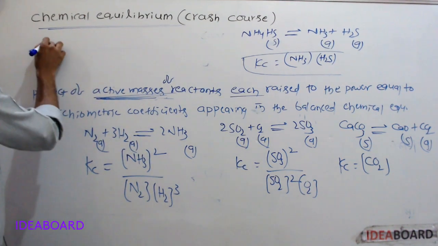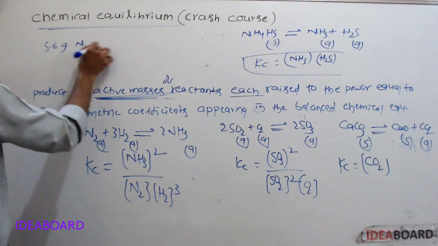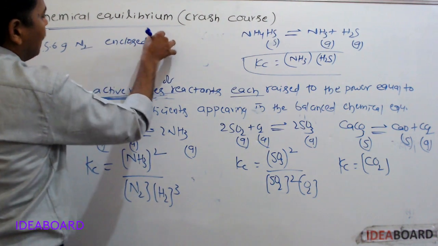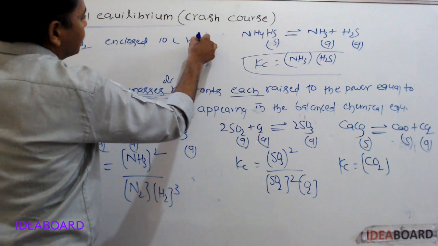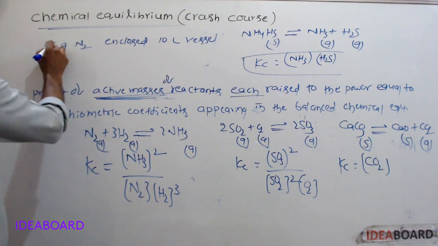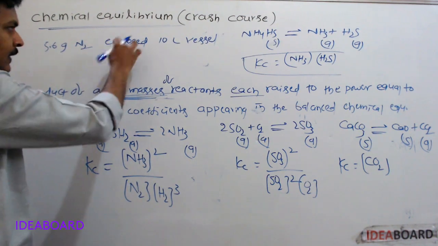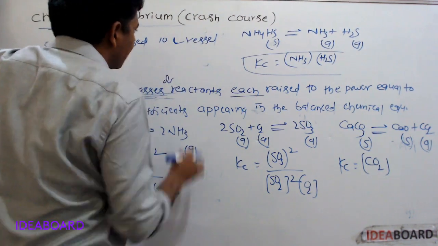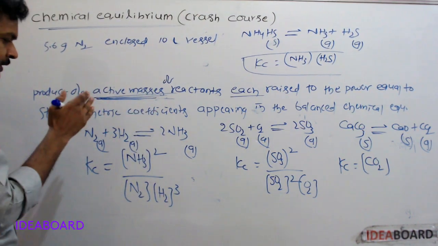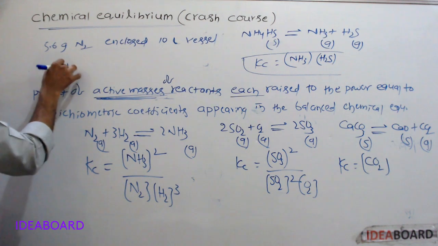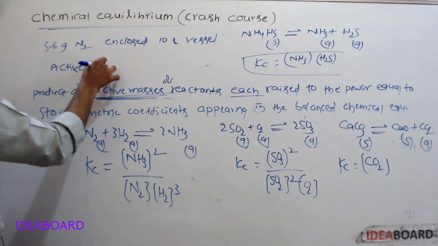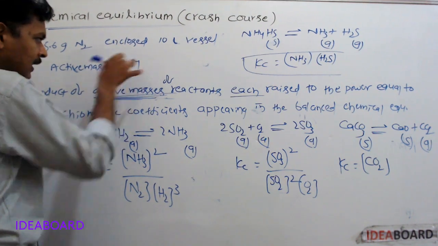Suppose if 5.6 grams of nitrogen gas is enclosed in a 10 liters vessel, what is the active mass of nitrogen? So already I told that active mass is nothing but molar concentration, means molarity only.